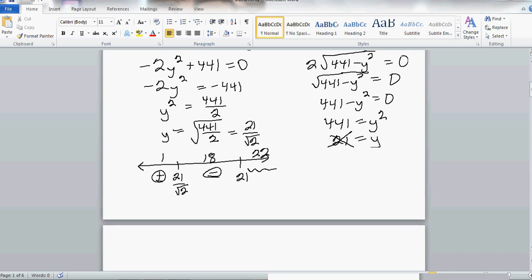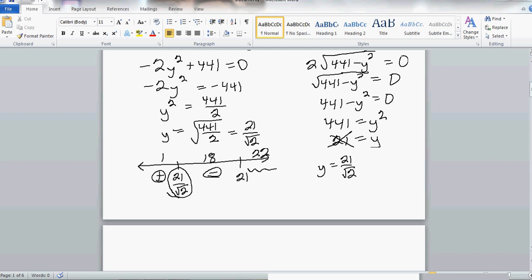Which should make sense. We can't have it at 22 if our hypotenuse is only 21. So here we go. We know that this right here is a maximum, and we know that's what y is equal to. So y is equal to 21 over the square root of 2.